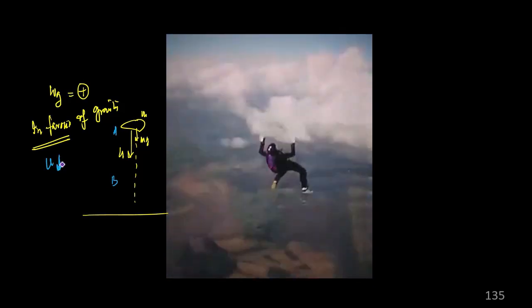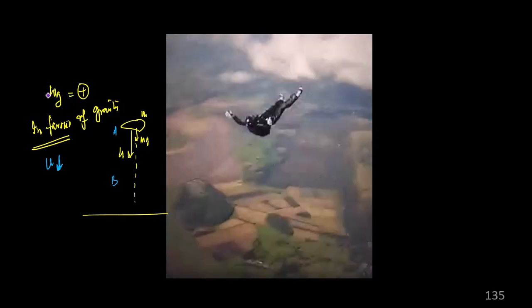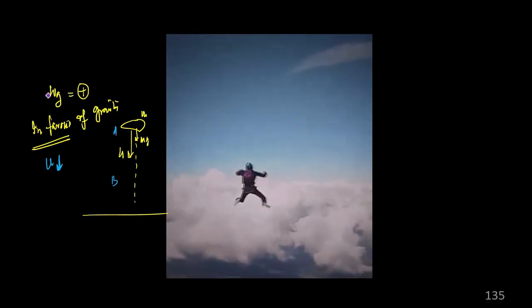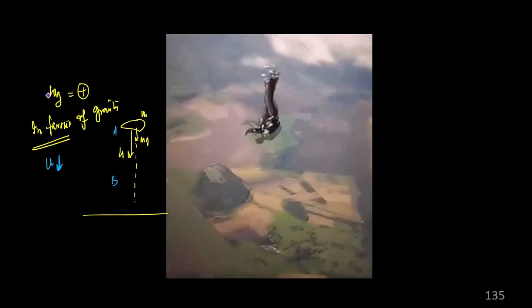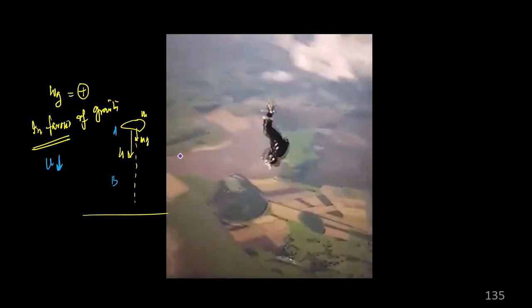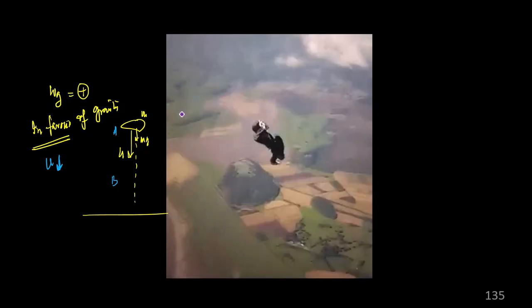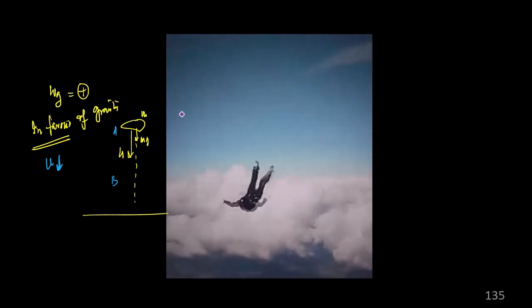Okay, so there are two concepts. One is if I do the work against the conservative force or against gravity, then the energy, the potentiality, is going to be increased. If I am doing the work in favor of gravity, then the potentiality is going to be reduced. Okay.